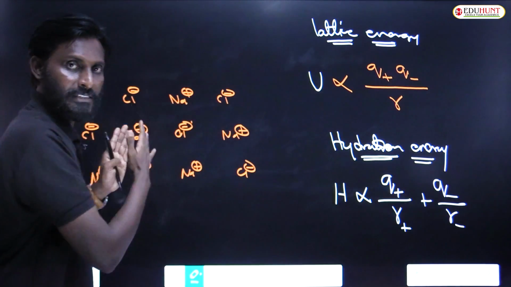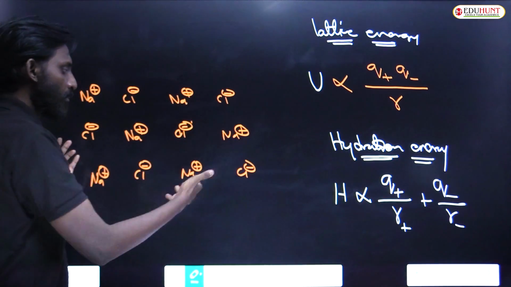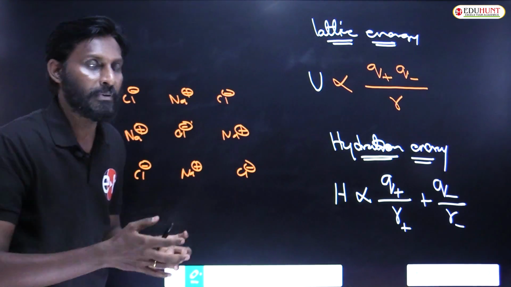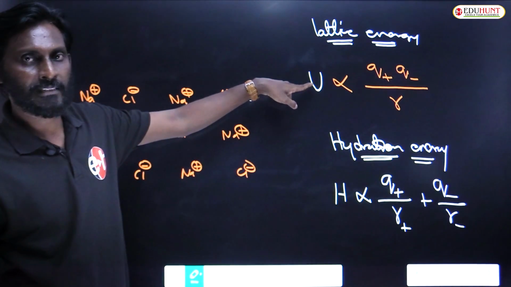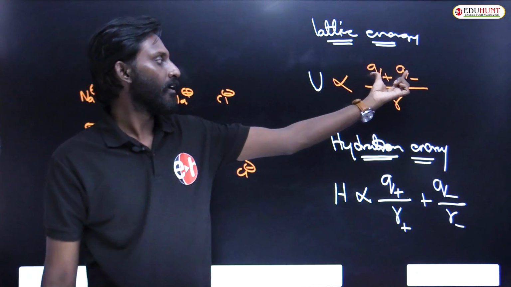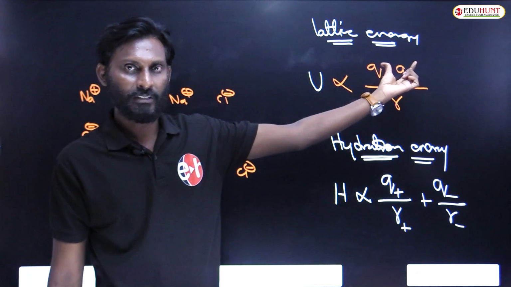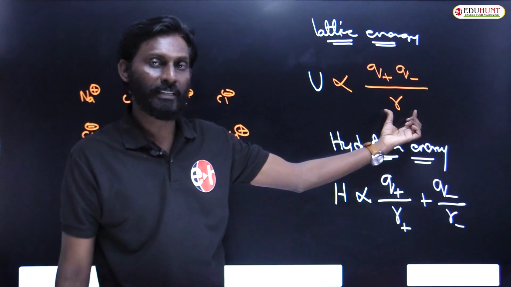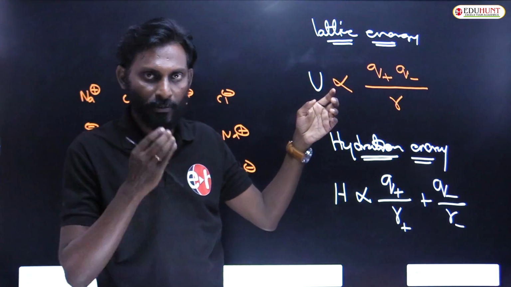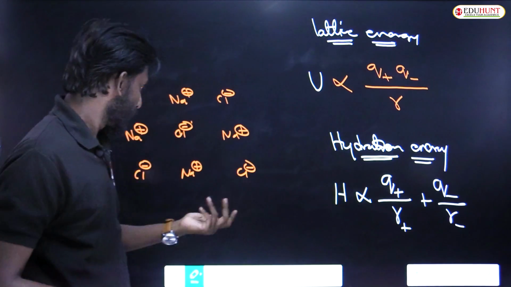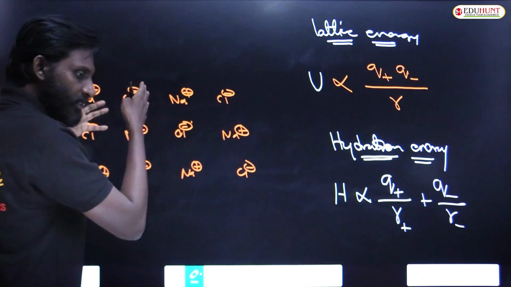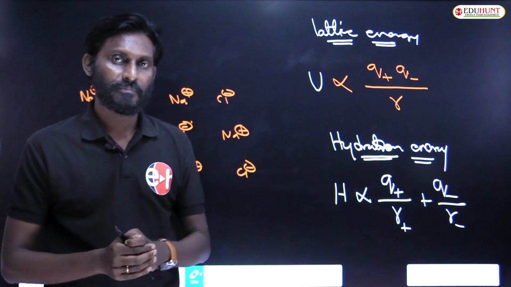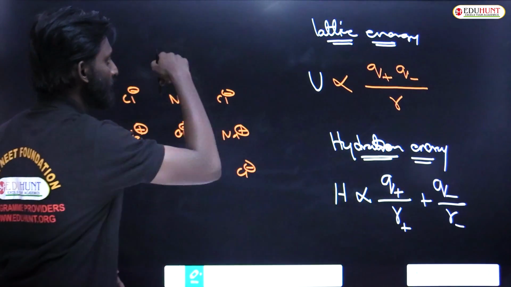In the formation of this crystal, what happened? One mole of Na plus and one mole of Cl minus attracted each other. In that process energy dropped. The amount of energy dropped is called lattice enthalpy. So more is the charge, more is the lattice energy, and more is the distance between the ions, less is the lattice energy. That's what the formula is telling you. Now what happens if you drop this crystal into water? Water is a polar solvent.